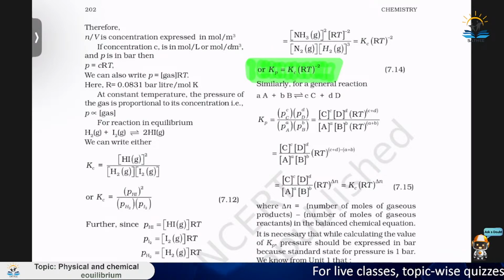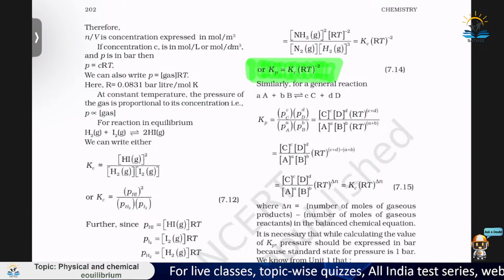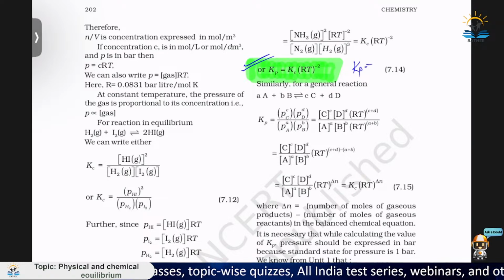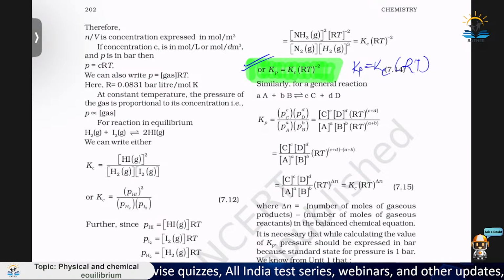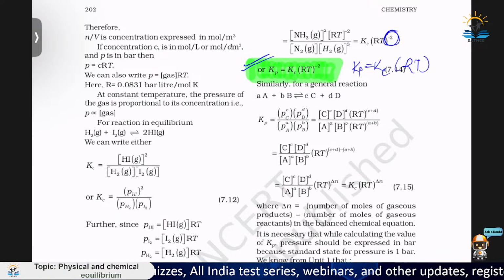Kp is equal to Kc (RT) to the power minus 2. This is your relationship between Kc and Kp. So Kp is Kc (RT) to the power of this minus 2. What is this minus 2? This minus 2 is delta Ng.